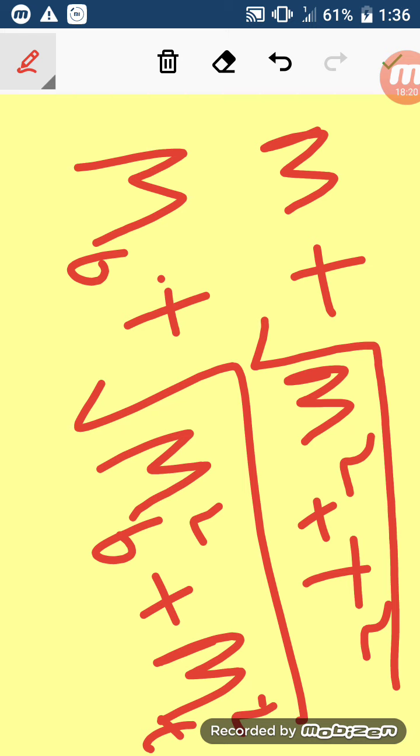So if we consider those factors, how will our equation change?